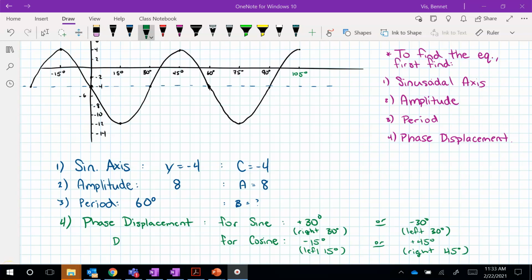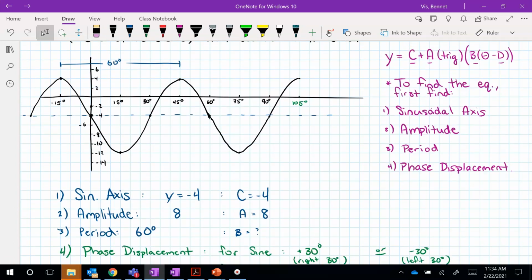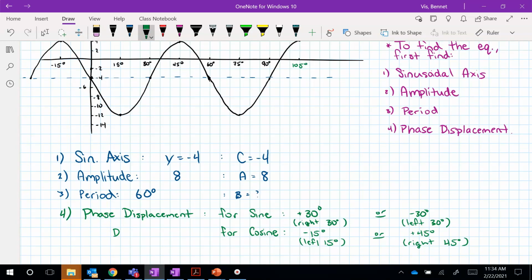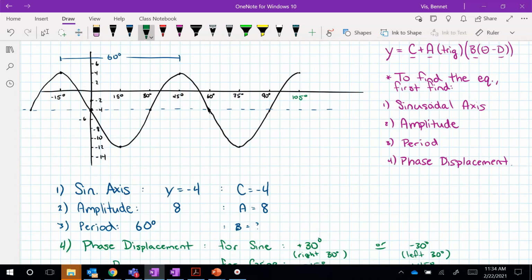So now I'm really close to finding these equations. I've got my C value set as 4. I have my A value set at 8. My D value, I have a few different possibilities, and these are specifically the D values. The only thing we need to find still is this B value in here. We know the period, but we need to find the actual number that's going in this function that will give me this graph.